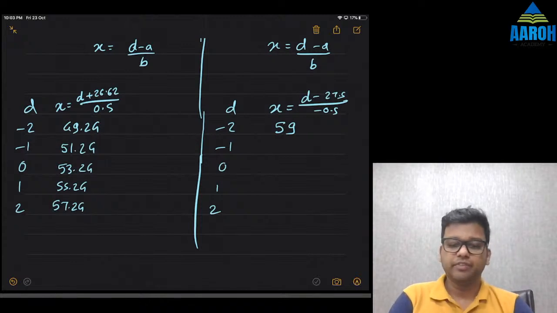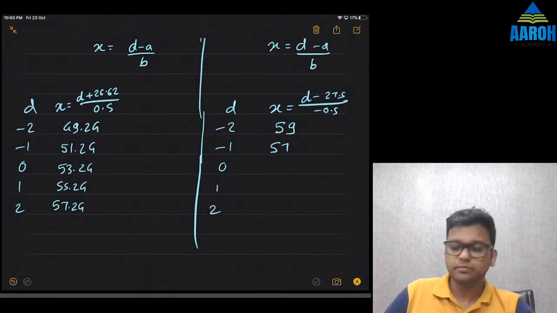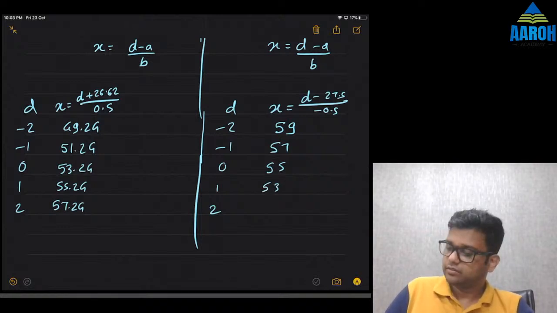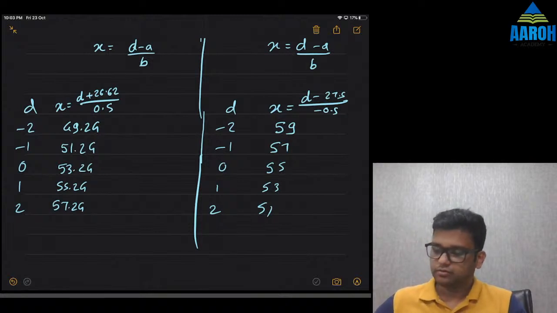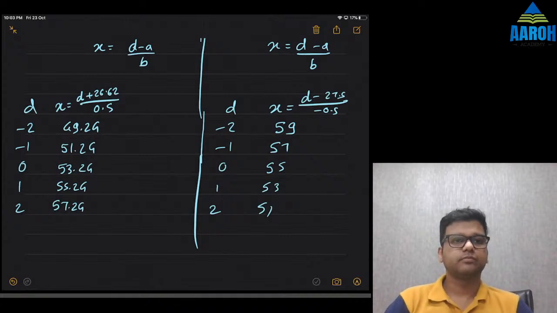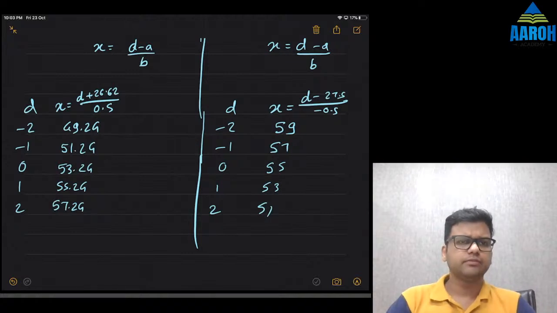Minus 1 minus 27.5 divided by negative 0.5 is 57, then 55, 53, 51. Check. And frequencies we already have. So two answers will be possible for this.